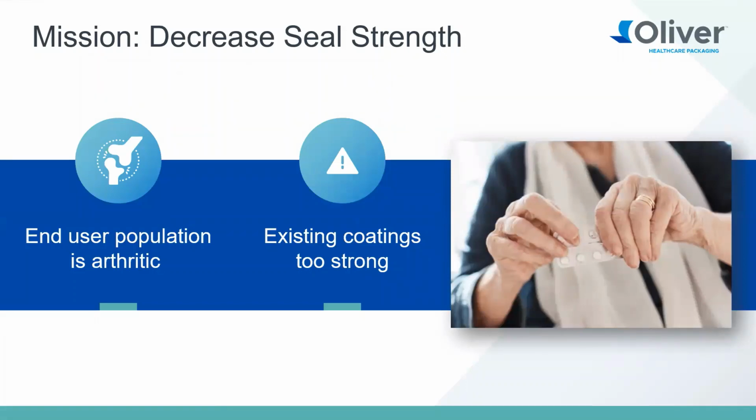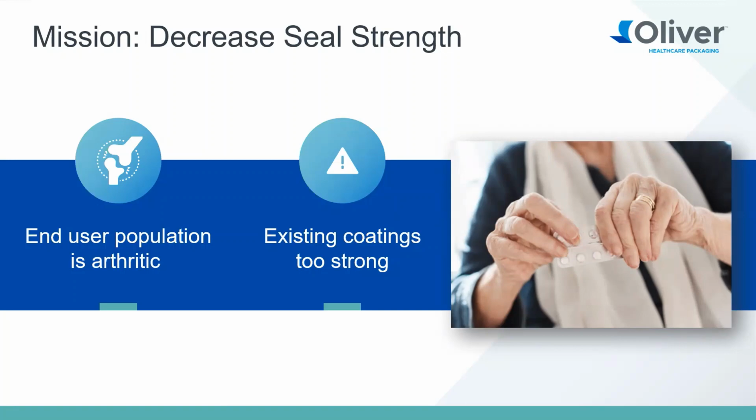And so generically speaking, yeah, you can modify the ratios of the ingredients to get changes in seal strength. So one situation stuck in my mind as we prepared for this webinar, and it was a true story, where we had a customer that had a unique application where they were focused on an end user market of arthritic folks.